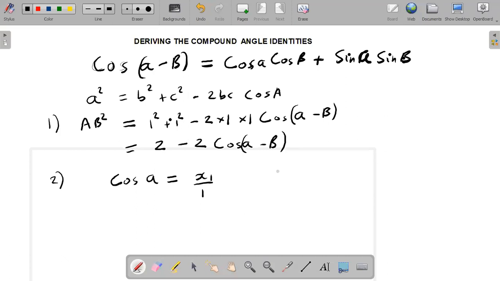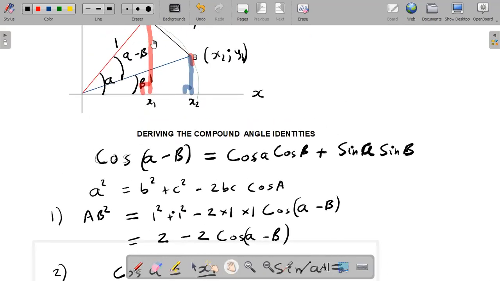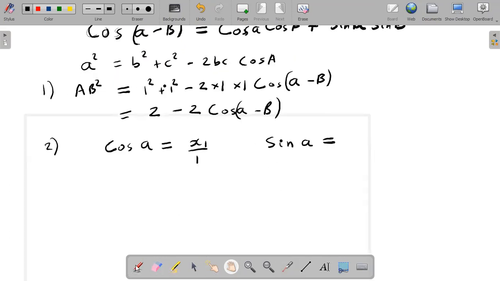hypotenuse. In the same token, we can also create an equation for sine alpha. Sine alpha is opposite, which is y1, over hypotenuse, which is 1. So an equation can be created for it: y1 over 1.